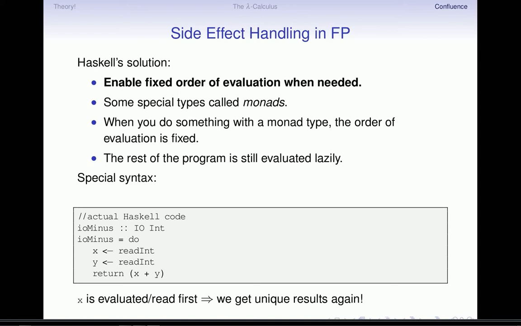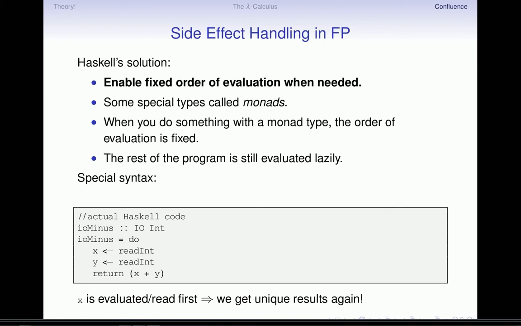But the rest of the program that is out of this monad part of the code is still evaluated lazily. This is a strong simplification, and you can do a lot more with monad types, but unfortunately this would be well out of the scope of this lecture. So for now, let's stick with this simplified intuitive definition of monads.